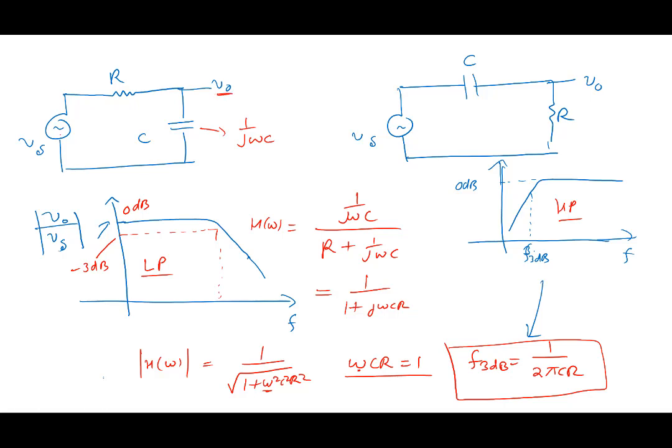So what is the phase shift at this point? Look, this is V0 by Vs, 1 over (1 plus j omega CR). What is the phase shift here? Phase shift is equal to minus tan inverse of omega CR.